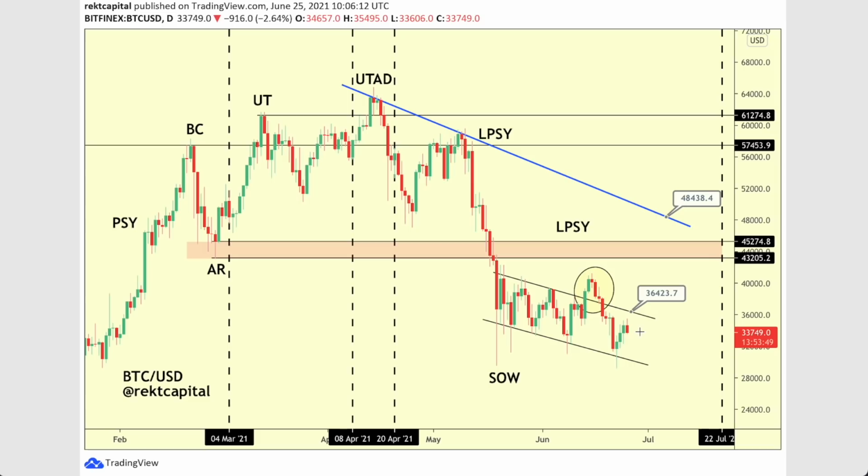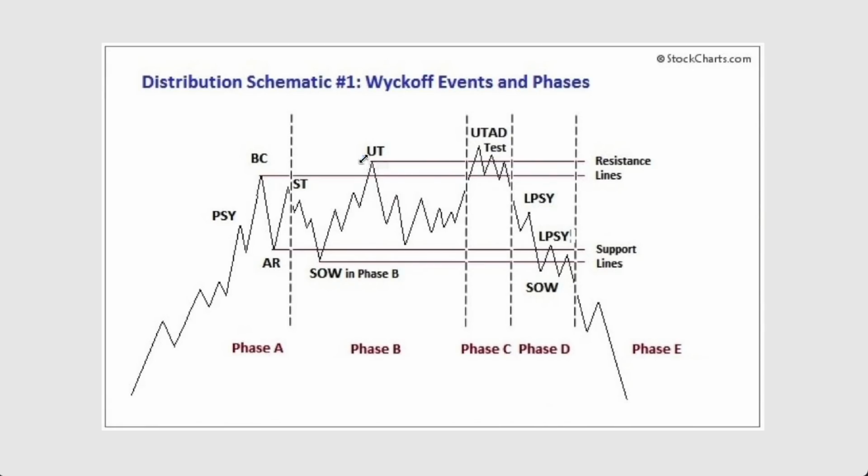This is what I consider to be the more likely scenario. And I'm just going to break this down piece by piece for you. So the wedging structure, let's assume we break out from there. We're going to rally towards this area. This is really a key area to just invalidate the macro distribution schematic, because if we break back into the range, then this schematic is invalidated, which is great because that could give us some more confidence that we're not going to go as low as this phase E could suggest to us.